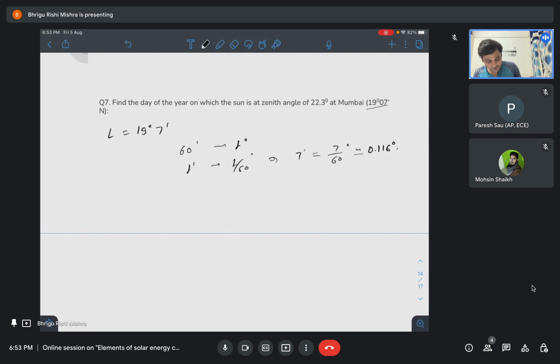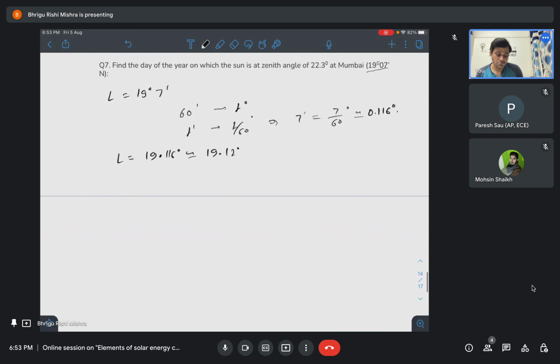So the latitude is 19.116 degree, or I can write it as 19.12 degree.